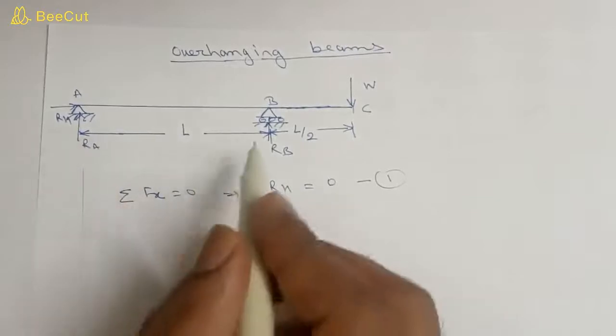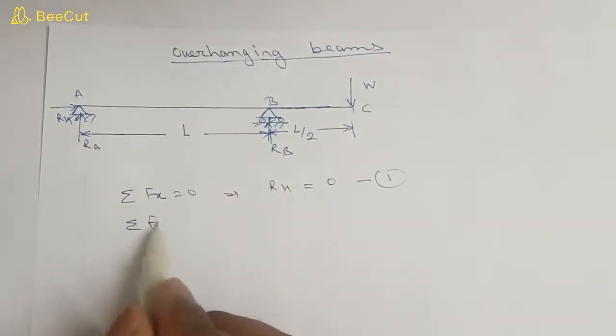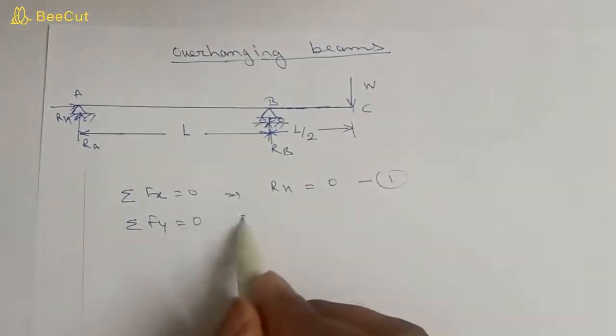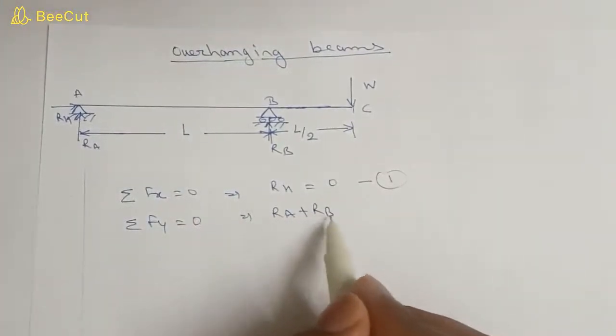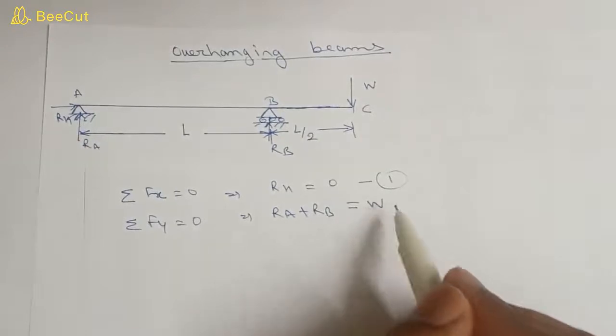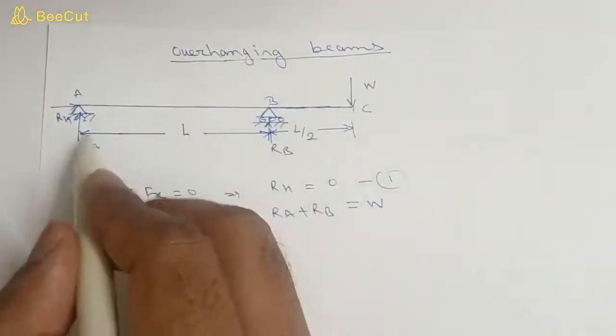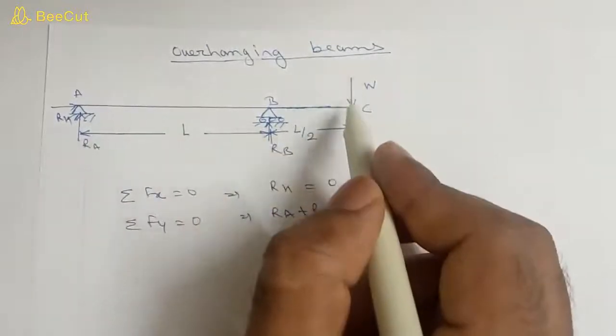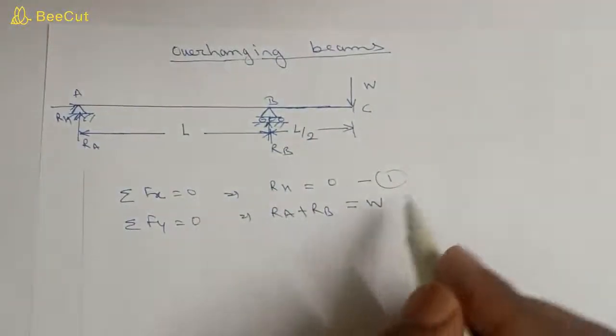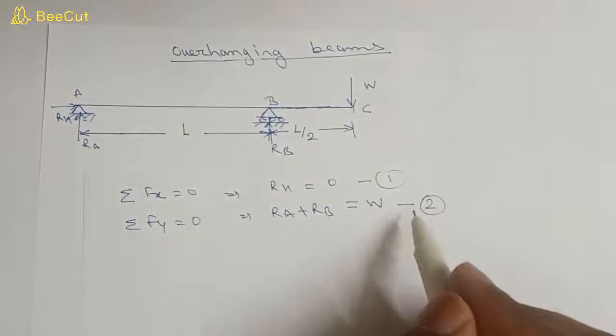And now the summation of all vertical forces is also equal to 0. So we will get Ra plus Rb is equal to W, because these are the vertical forces upward and this is downward, so these two forces will balance this force. So Ra plus Rb is equal to W. This is equation number 2.